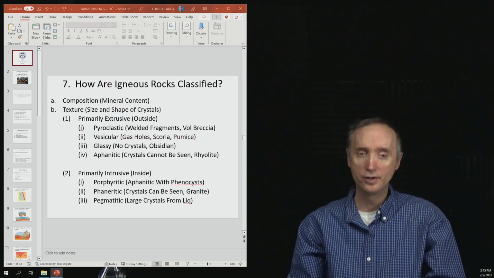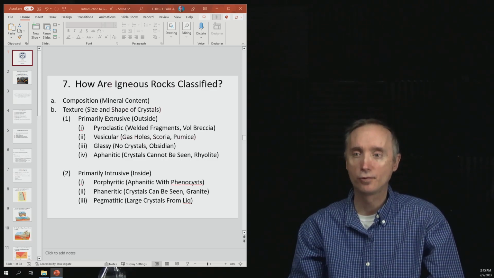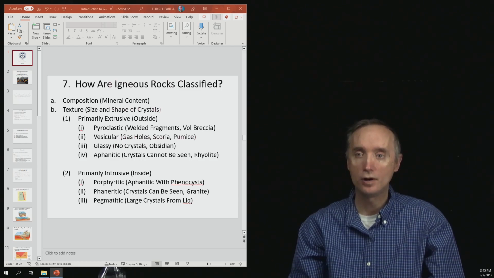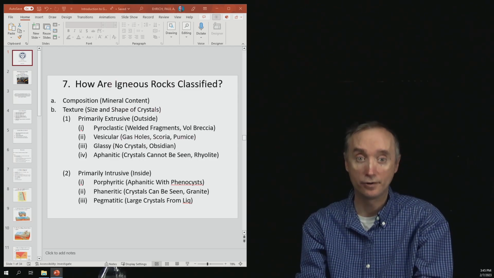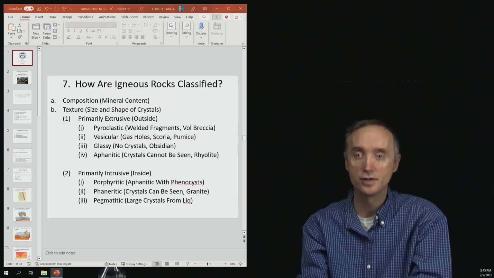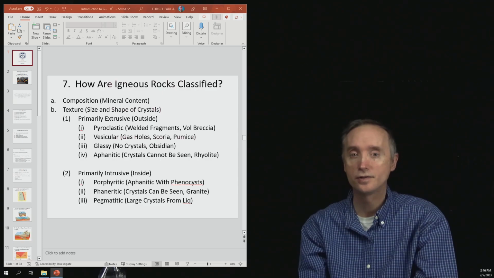Then you have the third kind of texture, which is very rare, and this is called pegmatitic texture. And so what happens here is that you've got a magma chamber that also contains lots of water. And then that water allows very large crystals to form. So we're talking about crystals that could be up to 2 to 5 meters in length.